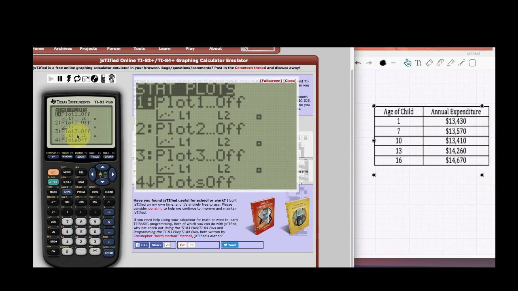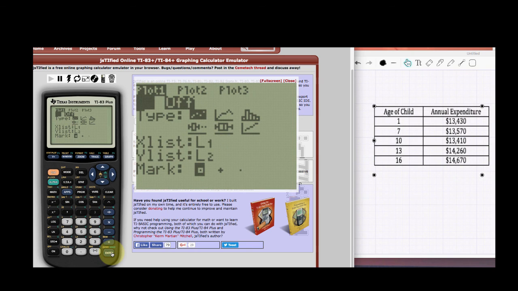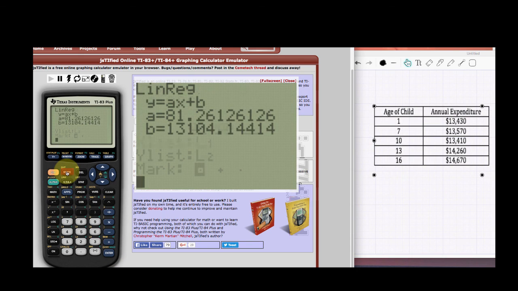I can have multiple stat plots running simultaneously, but I only need one. So just hit enter on plot 1, and then hit enter again to actually highlight the on. And I want to use L1 for the X list, L2 for the Y list. I'll use these little boxes, and this is for a scatter plot, and that's all we're going to need here. So hit enter.